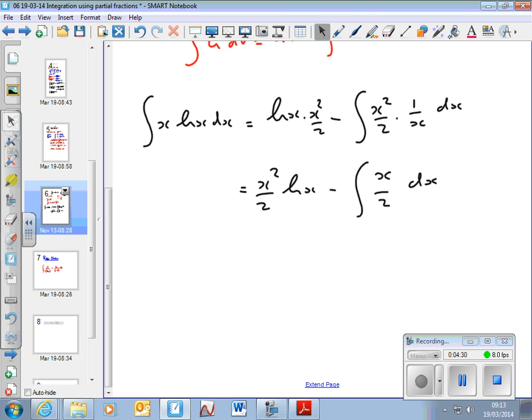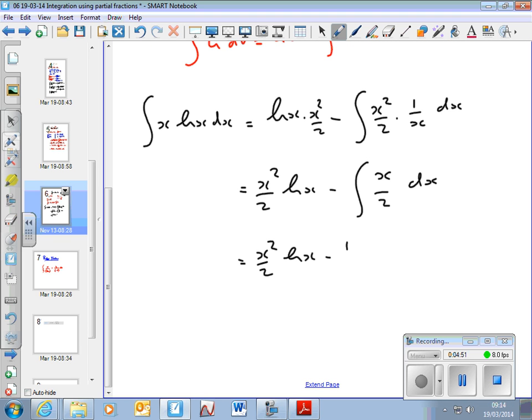And that's a standard integral. Remember, dividing by 2 is the same as multiplying by a half.